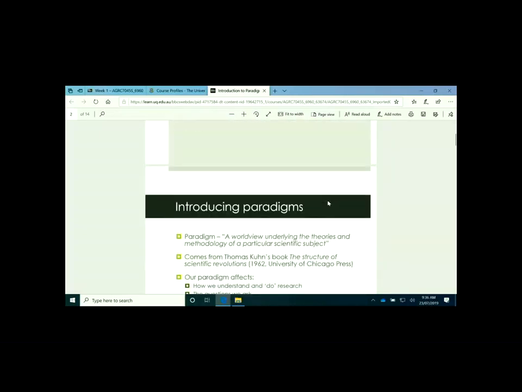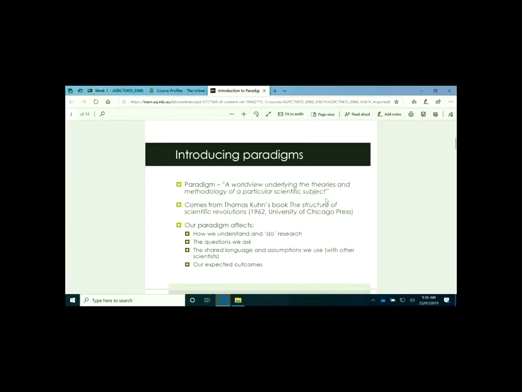So I'm going to talk to you about paradigms. A paradigm is basically the way we view the world and the theories and methodologies of a particular scientific subject.